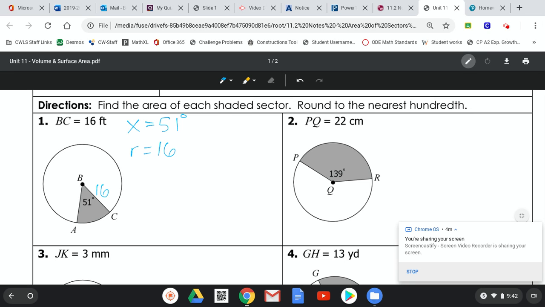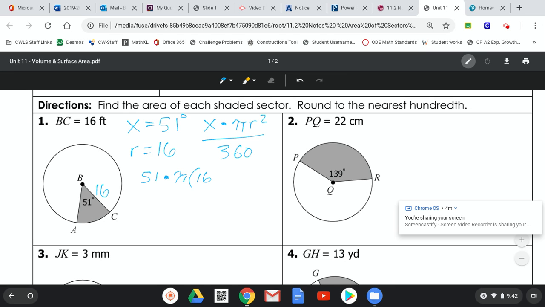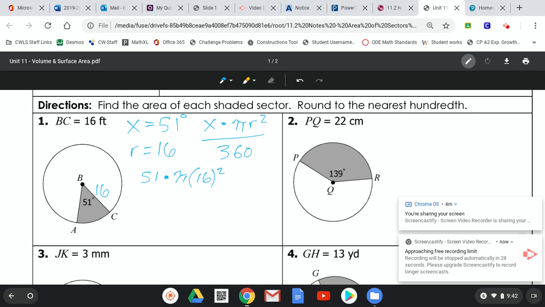Our formula to find the area is X times pi r squared divided by 360. So we plug in our X: 51 times pi times 16 squared, divided all by 360.